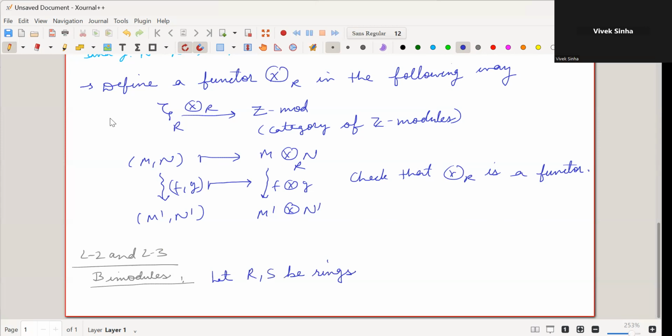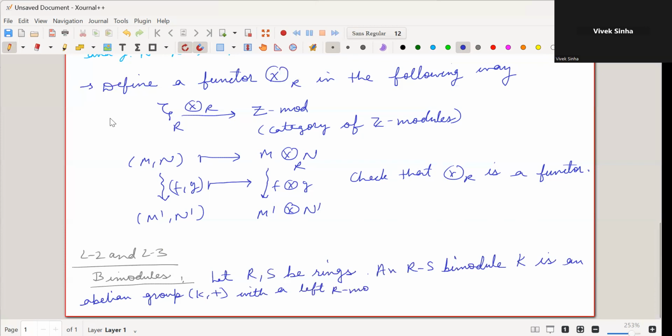Okay, so there are two rings R and S. Then you say something is an R-S bimodule when an R-S bimodule K is an abelian group K plus with a left R module structure.